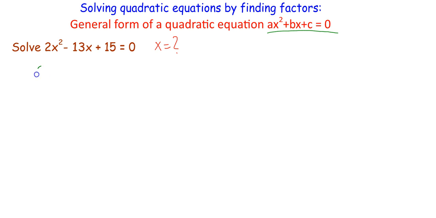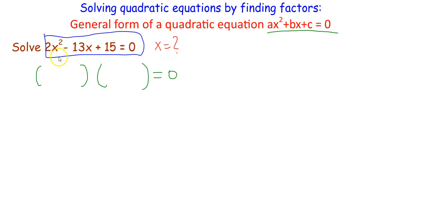We must try to write this expression as a product of two factors, and definitely those two factors are going to be linear expressions. And once you have your linear expressions, you can change them to those linear equations and solve those two. But how do you find the factors of this expression? How do we do this?